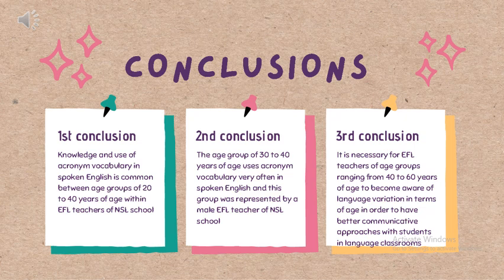After all of these results, we came to the following conclusions. First of all, that the knowledge and the use of acronym vocabulary in spoken English is very common between the age groups of 20 to 40-year-old people within the teachers of English as a foreign language that work in Nuestra Señora de Lourdes School.